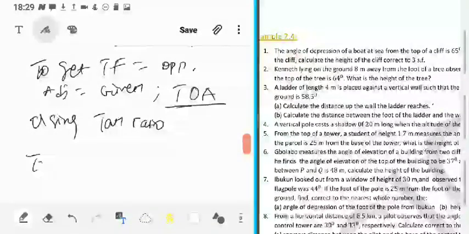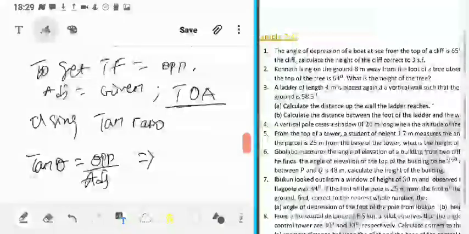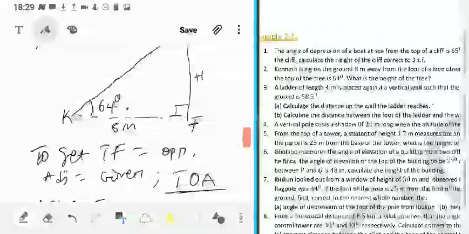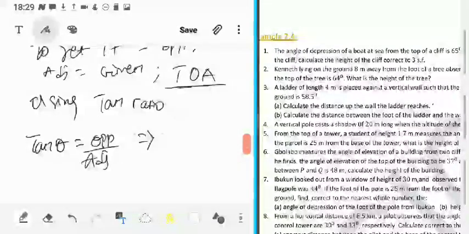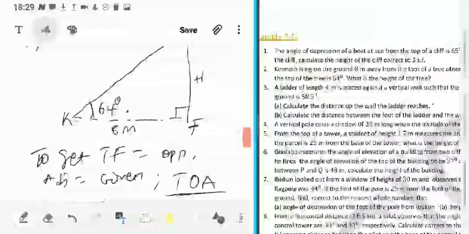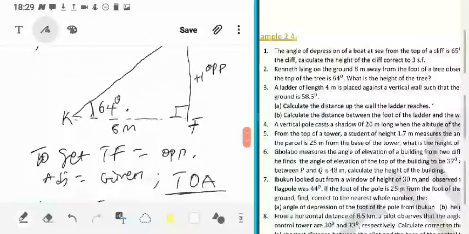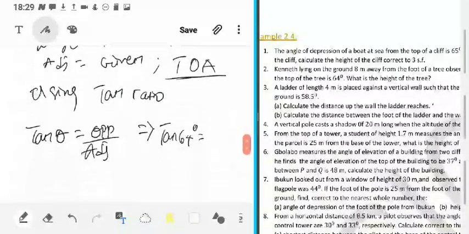Tan theta is equal to what? Opposite over adjacent, which implies that theta in this case is 64 degrees. So tan 64 degrees is equal to the opposite, which is TF, over adjacent, 8.